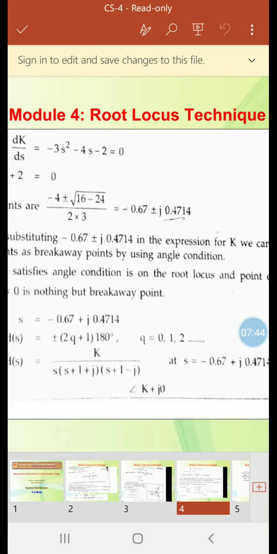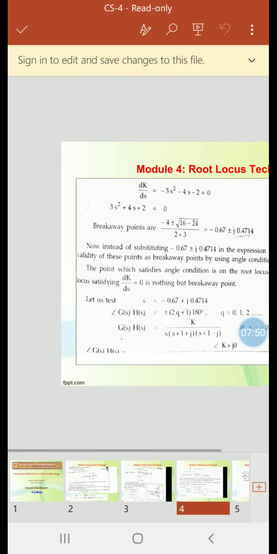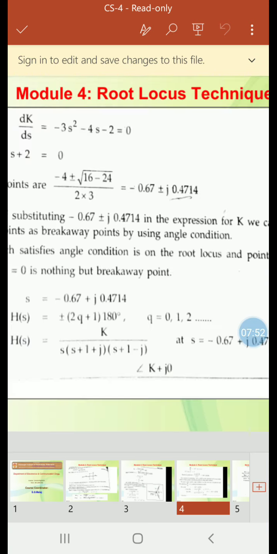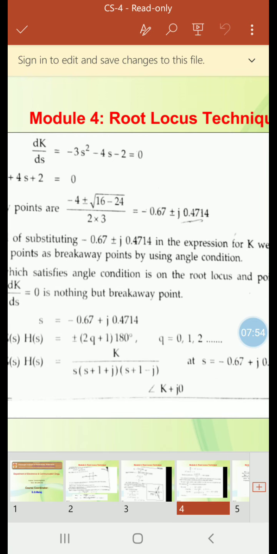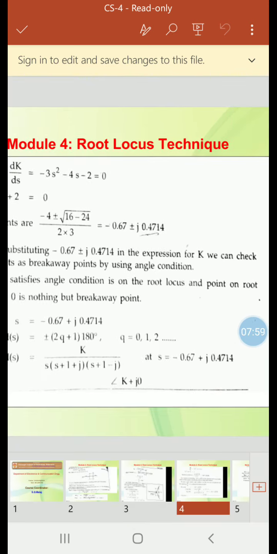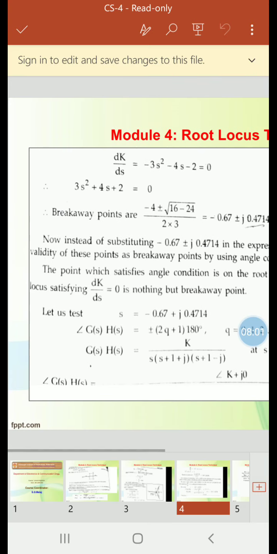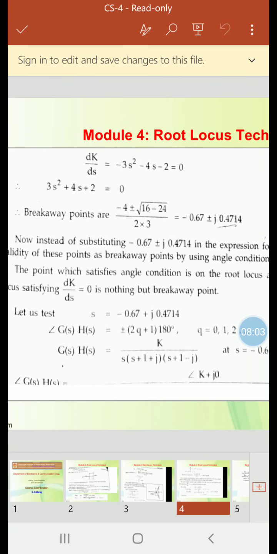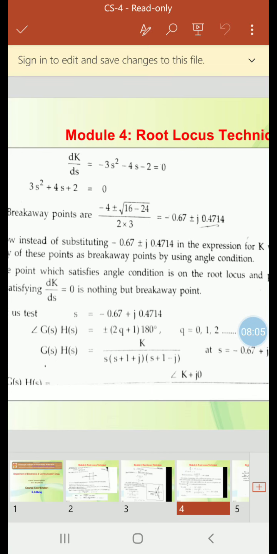So now, as we have got the breakaway points minus 0.67 plus or minus j 0.4714, instead of substituting them in the expression for K, we can check the validity of these points as breakaway points by using the angle condition.